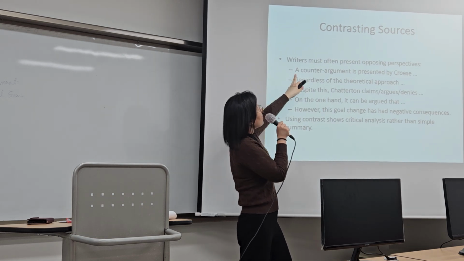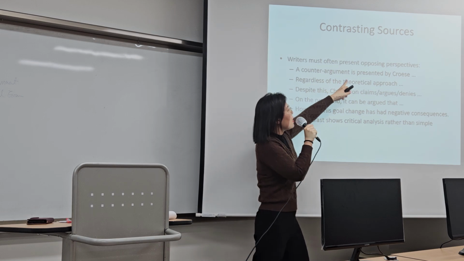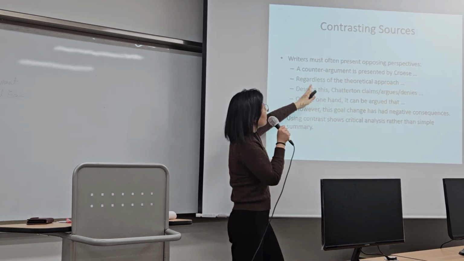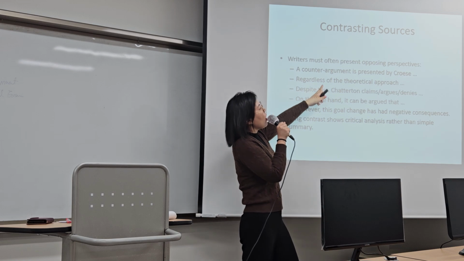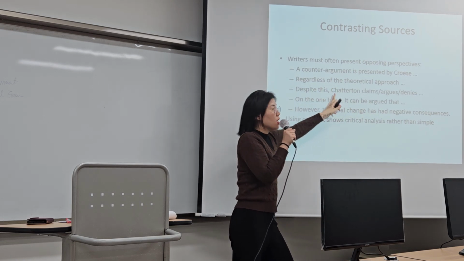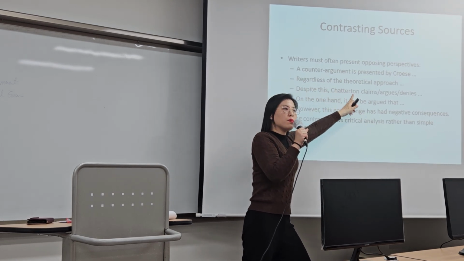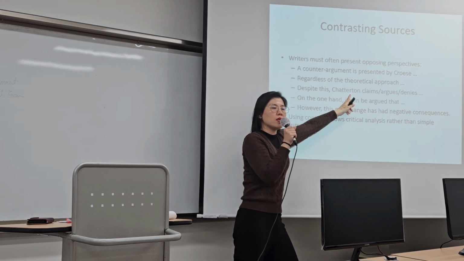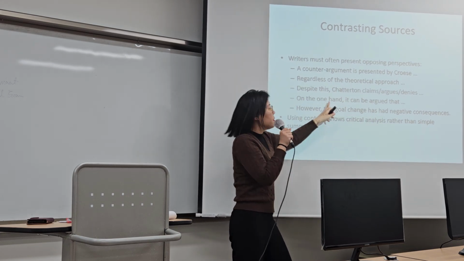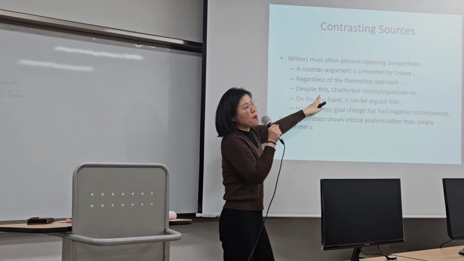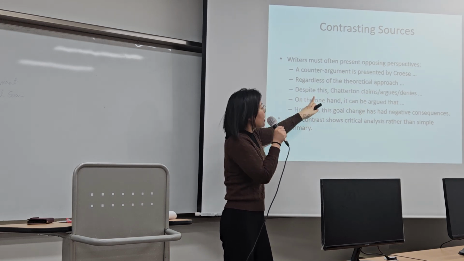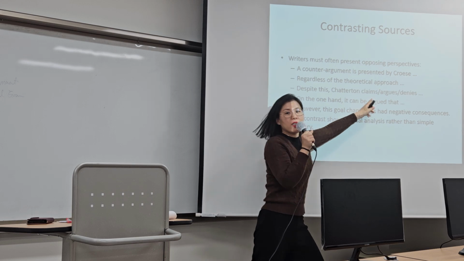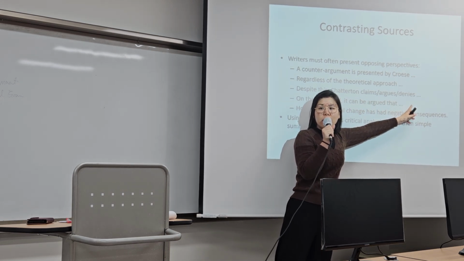So you can say a counter-argument is presented by Kim 2015. Or regardless of his approach, regardless of Kim's argument, regardless of Kim's claim, all right? The third one, despite this. Despite this, Kim argues, Kim claims, Kim denies the fact that, all right?